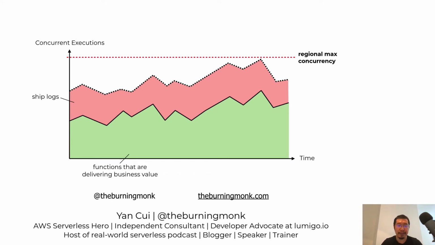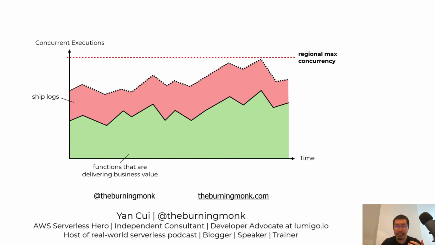This might push you a lot closer to your regional concurrency limit if you're doing your projection based on how many API calls you receive per second and so on. The regional concurrency limit, by default, is 1,000 for most regions. It's a soft limit, you can always raise it, but in terms of planning and projecting your concurrency needs, this is something you should keep in mind.